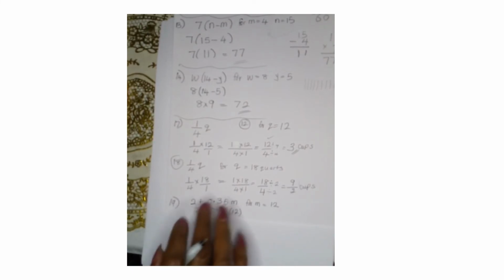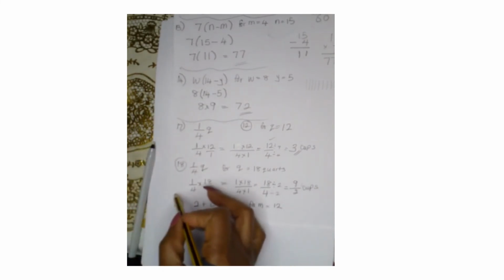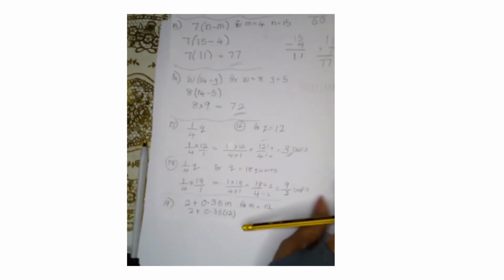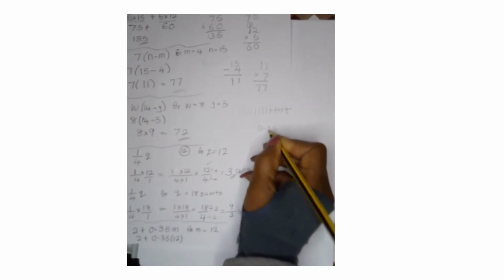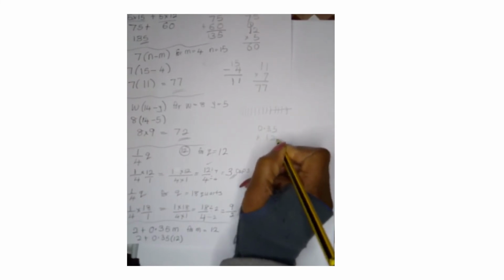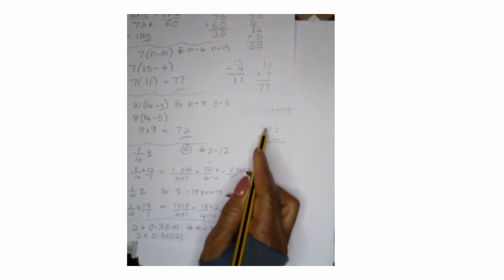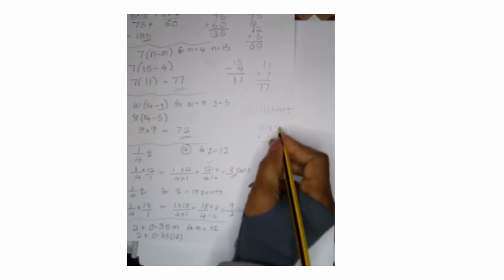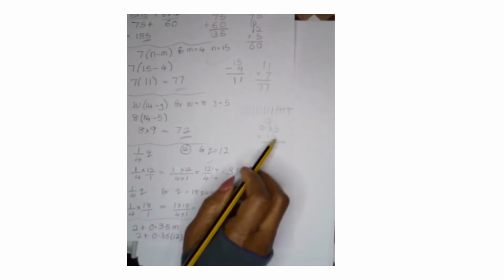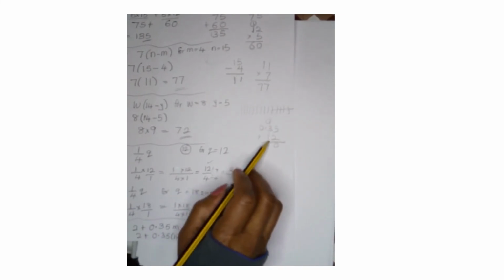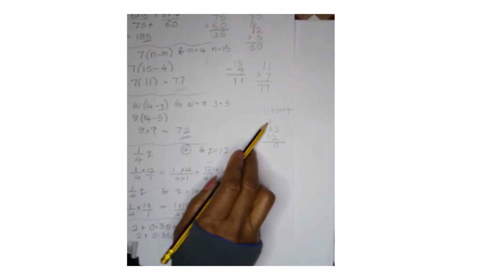So here we have 0.35 multiplied by 12. We're going to do it like this. How are you going to do it? You use 2 to multiply 5, 3, 0. 2 times 5 is 10. Put 1 up on top of 3. 2 times 3 is 6 plus this 1 in bracket, 7.